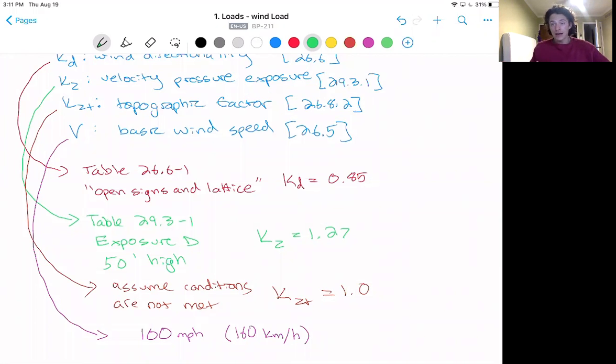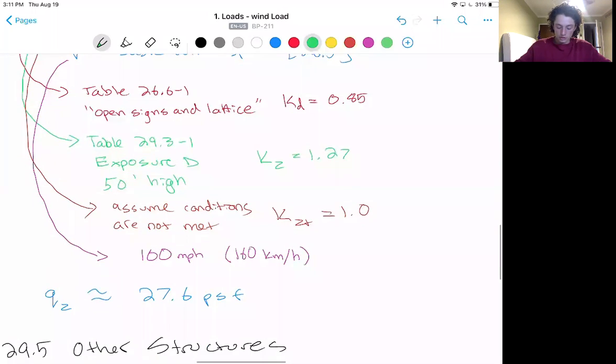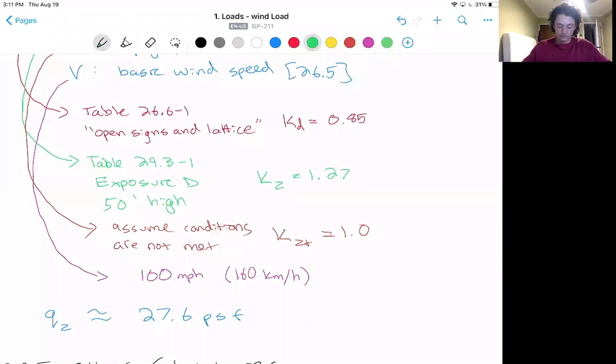Assuming conditions are not meant to reduce this factor, we'll take KZT equal to 1.0, and as specified, our basic design velocity or basic wind speed is 100 miles per hour or 160 kilometers per hour. With all of our coefficients specified, we can calculate QZ at the height of 50 feet to be approximately 27.6 PSF.